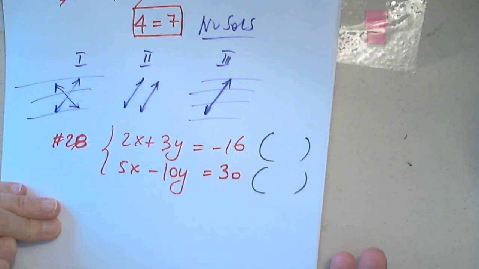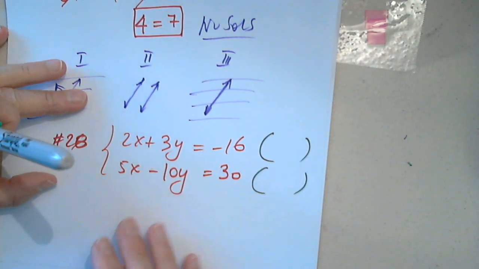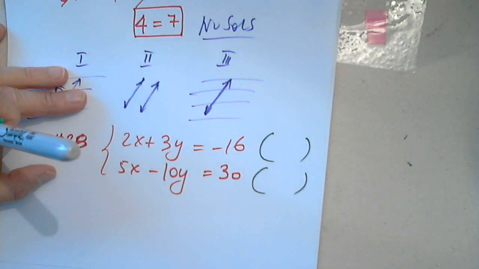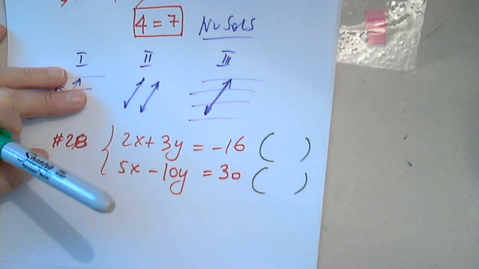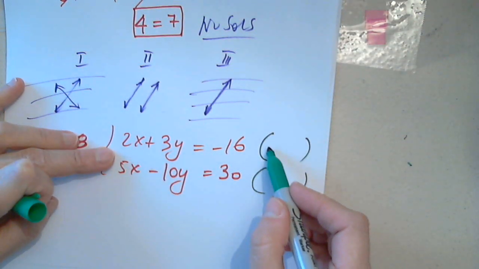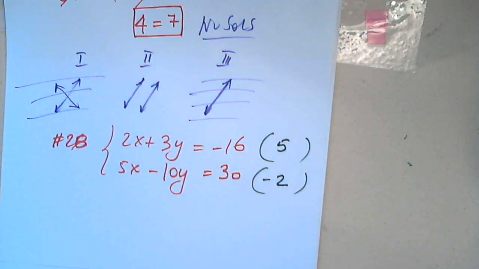One of them has to be negative so that they cancel out. So that's why I'm saying this is maybe the most difficult one, in which I have to multiply both equations by a number in order to accomplish eliminating one of the variables. So if I want to eliminate x, I will multiply this, let's say, by 5 and this by negative 2.